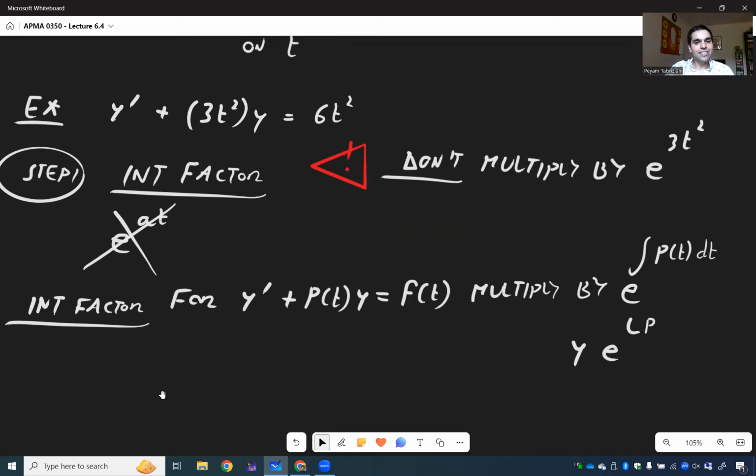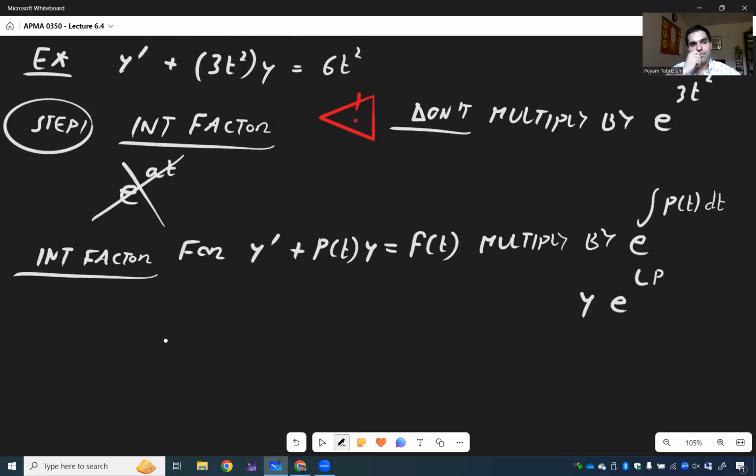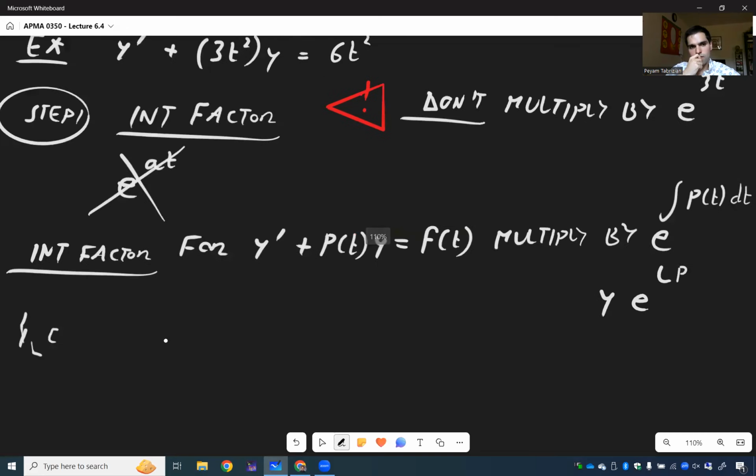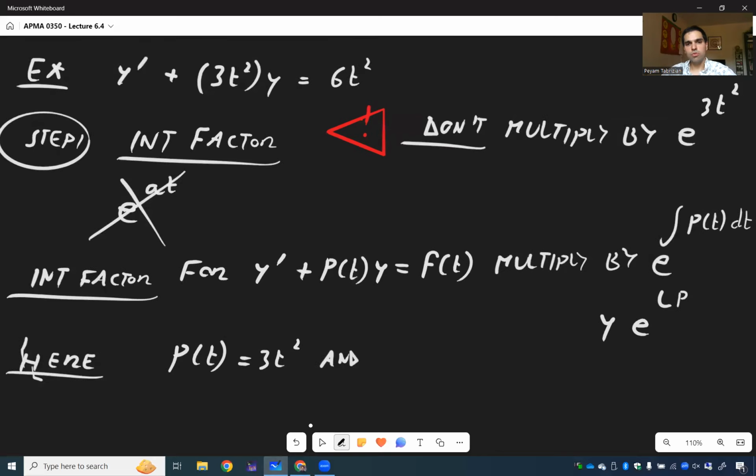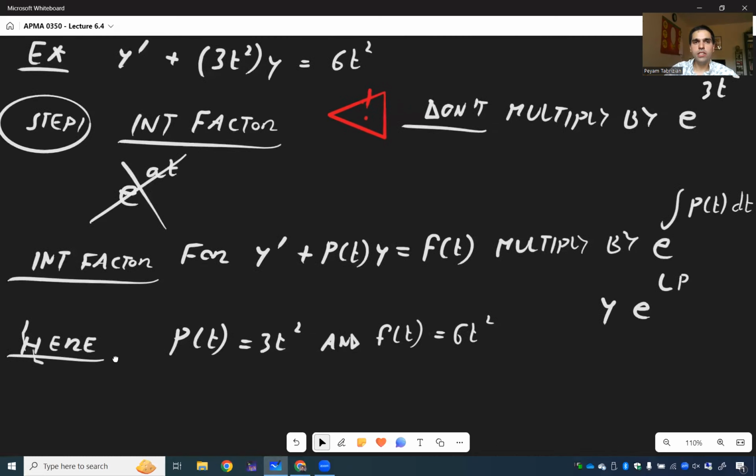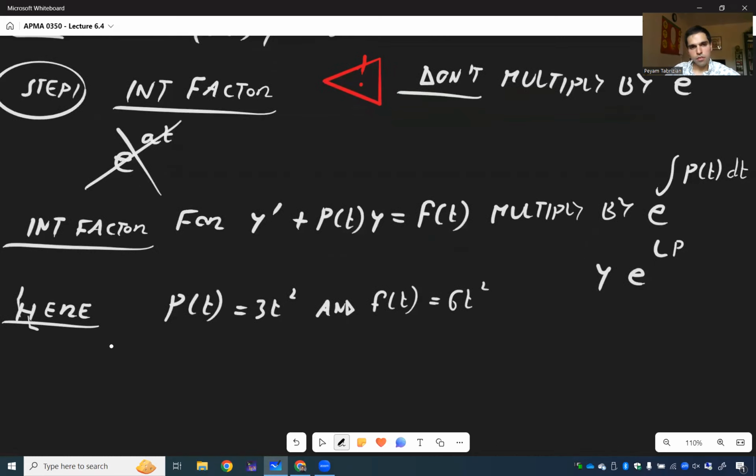But in any case, here, what is p? It is 3t squared. And our f was 6t squared, which doesn't matter here. And so what is our integrating factor?